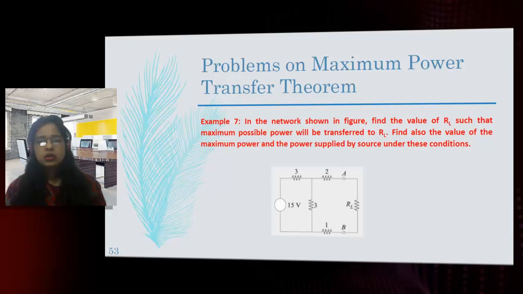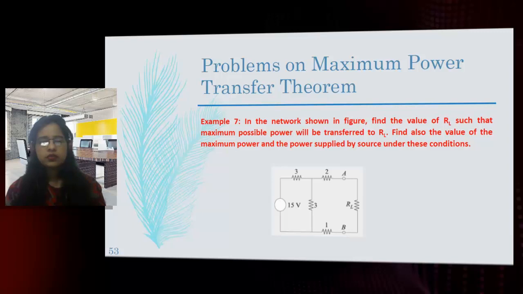In short, the load resistance RL will abstract maximum power only if RL becomes equal to RTH, because RTH is the internal or equivalent resistance of the circuit. When the equivalent resistance of the circuit becomes equal to the load resistance, only then will the load abstract maximum power. That is the maximum power transfer theorem.